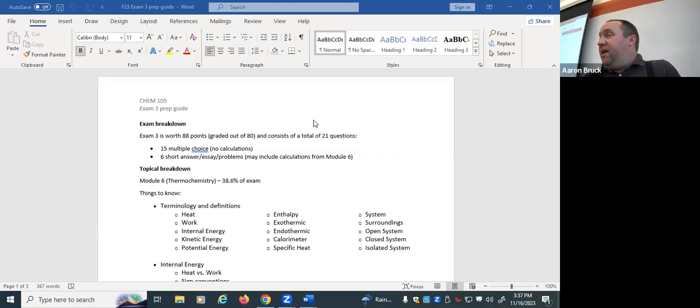That being said, if redrawing the Lewis structure in 3 dimensions does help you with the molecular shape component or with understanding the bond angles or anything like that, feel free to redraw it in the 3-dimensional shape. That's completely fine, but that is optional. You do not have to do it.